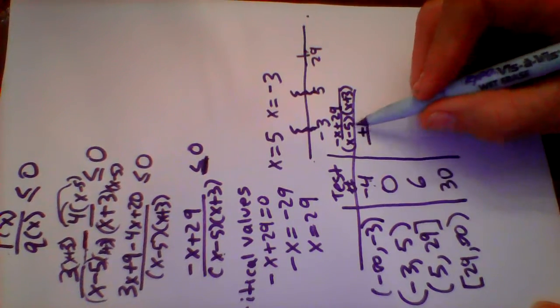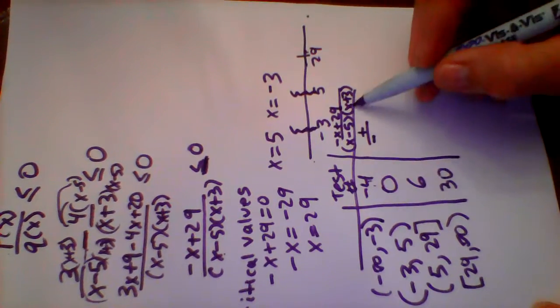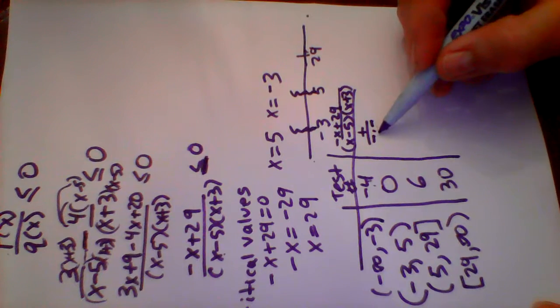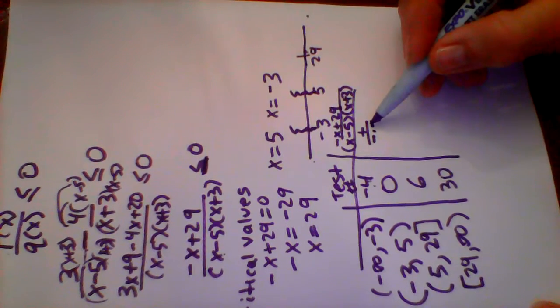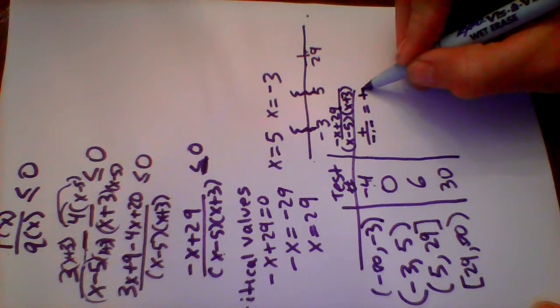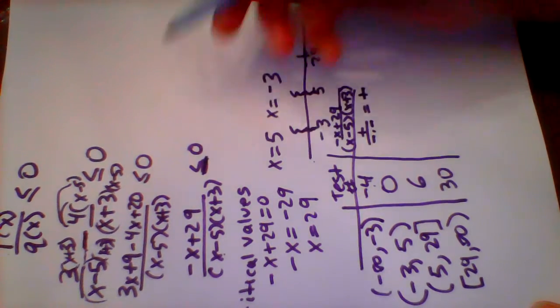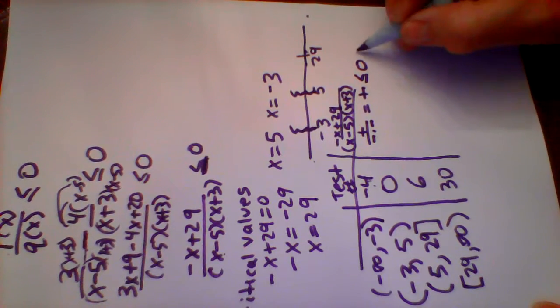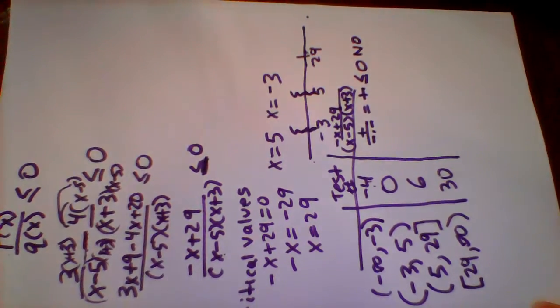Negative 4 minus 5 is a negative. Negative 4 plus 3 is a negative. And a positive over a negative times negative is a positive. So I get a positive answer here. I now look at the original problem, and it says has to be less than or equal to 0. And a positive is not less than or equal to 0, so that's a no area.